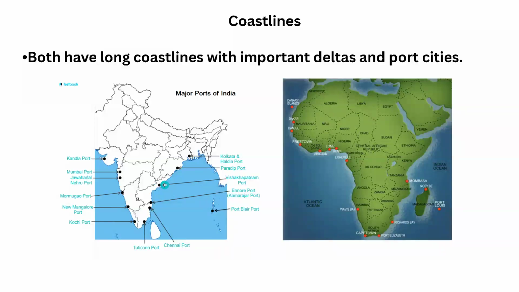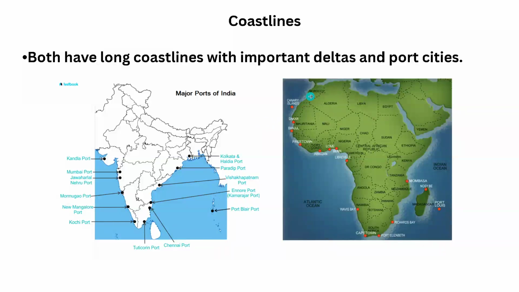Then Vishakhapatnam Port in Andhra Pradesh, Paradip Port in Orissa, then Kolkata and Haldia Port. These are the important port cities of India. India does not have any coastline in the north. It is covered with land on the northern part, so no port cities there.